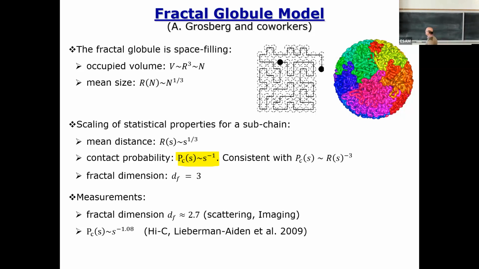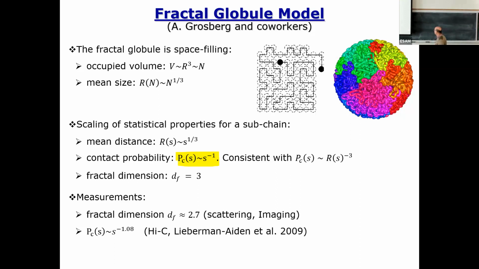And what you see, for example, is that it has certain properties like contact probability, the probability that a segment of length S will come back and be near this segment. Let's say this is the origin, just an arbitrary origin, and this probability goes like S to the minus 1, and not like, for example, S to the minus 3/2, which would be the case for a Gaussian chain.